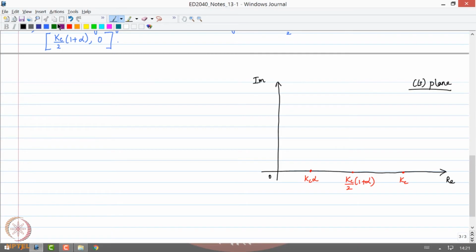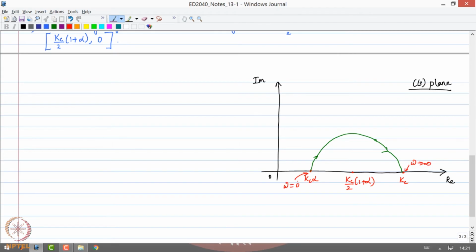The locus of this curve, the Nyquist plot, is going to be a semicircle. So this is the Nyquist plot for this particular transfer function. This is where it will start as ω equals 0 and this is where it goes to as ω tends to infinity. Let me write it here.